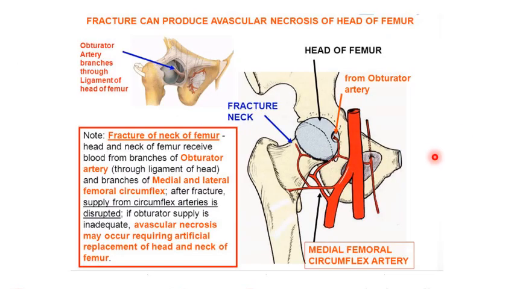This is the avascular necrosis of the head of the femur, which can be due to a fracture at the neck of the femur, where the arterial ring formed by the medial and lateral circumflex femoral arteries is injured.